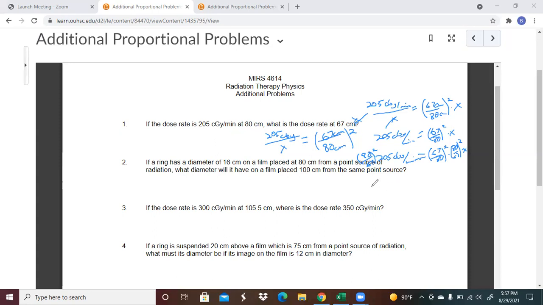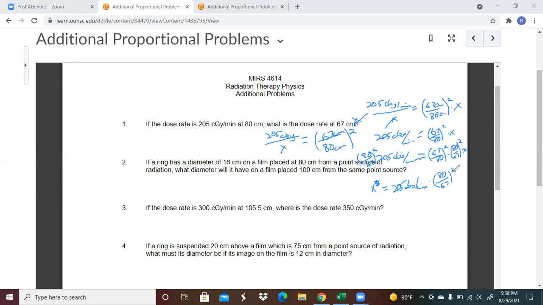So x is going to be equal to 205 centigrade per minute times 80 divided by 67, squared.